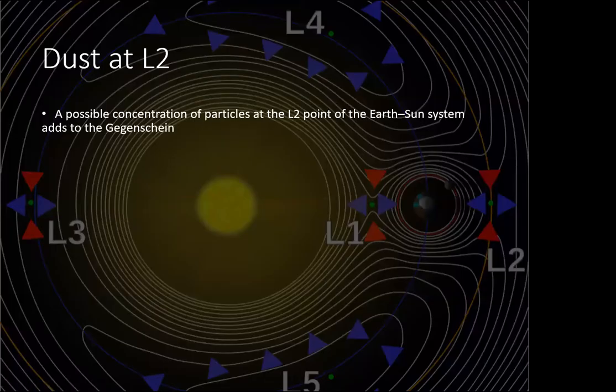But slightly curiously, the second Lagrange point, L2, is also on that straight line between the two bodies, but opposite the Earth in the sky. And so quite a lot of dust can park itself in this zone here at L2 and sort of hover there in a semi-stable position.